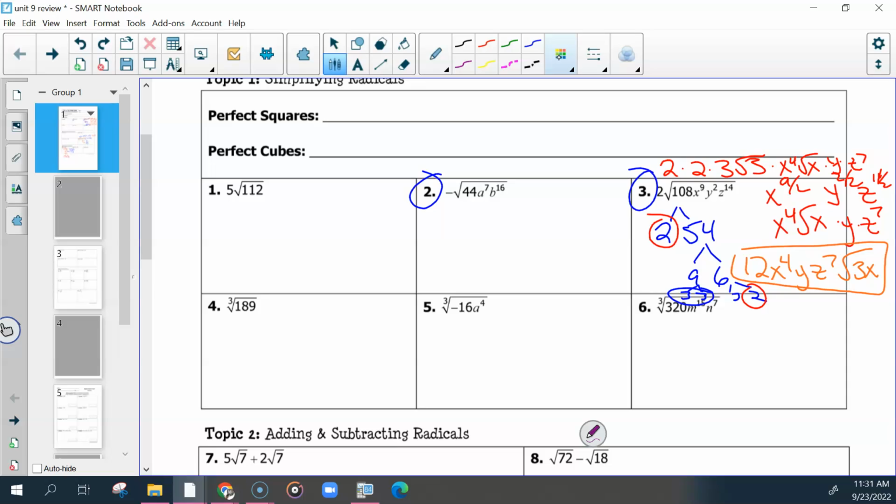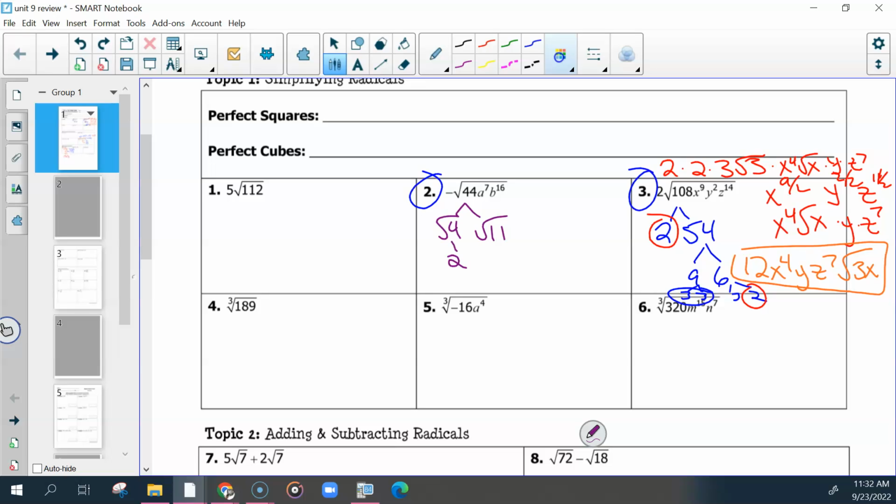Okay, for number 2, we are simplifying 44. Let's do this perfect squares. Think about the highest perfect square we can divide 44 by. 4. So 4 and 11.